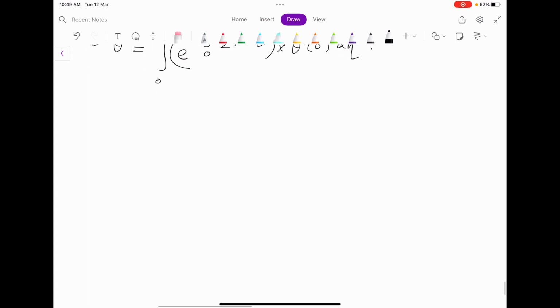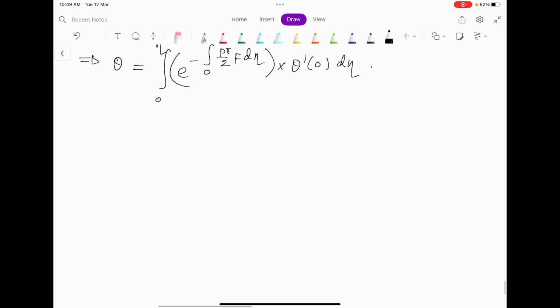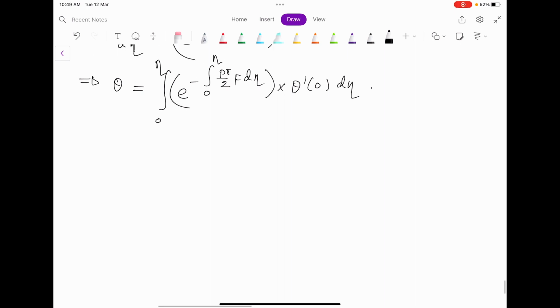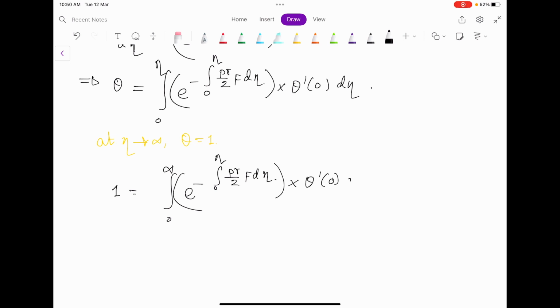Then, using the boundary condition that at eta tending to infinity, theta is equal to 1, we know that 1 is equal to this integral into theta dash 0.